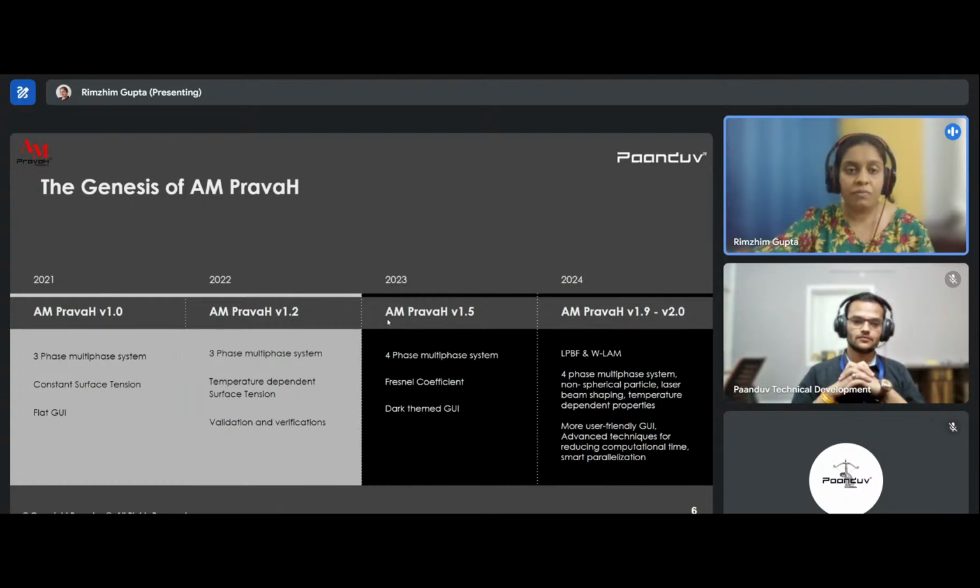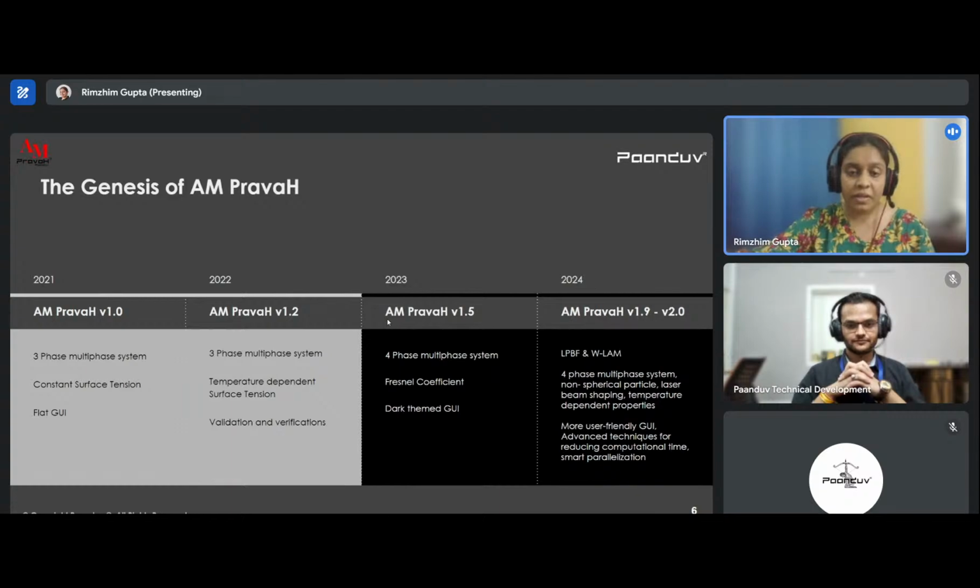Then we proceeded to 2022, where we enhanced the solver with the addition of temperature dependent surface tension. We also concentrated highly on validation and verification of our results, and we created a manual related to that.